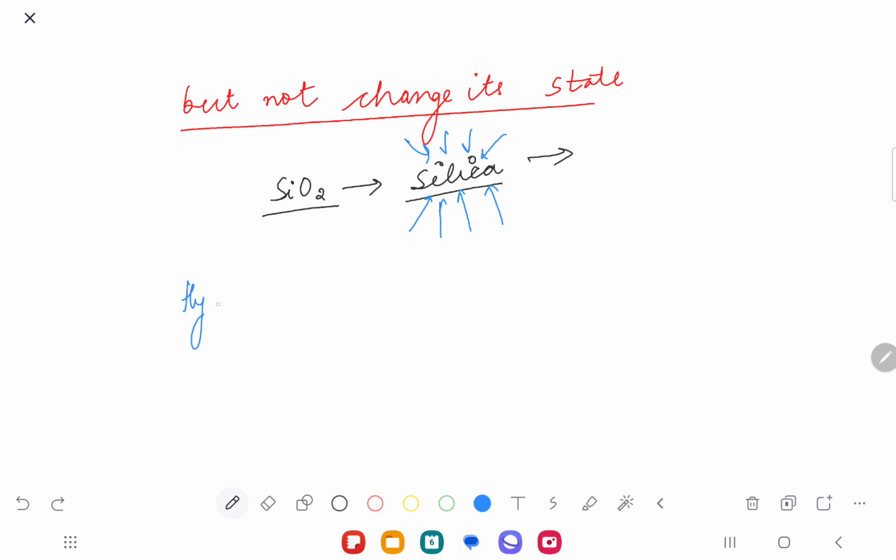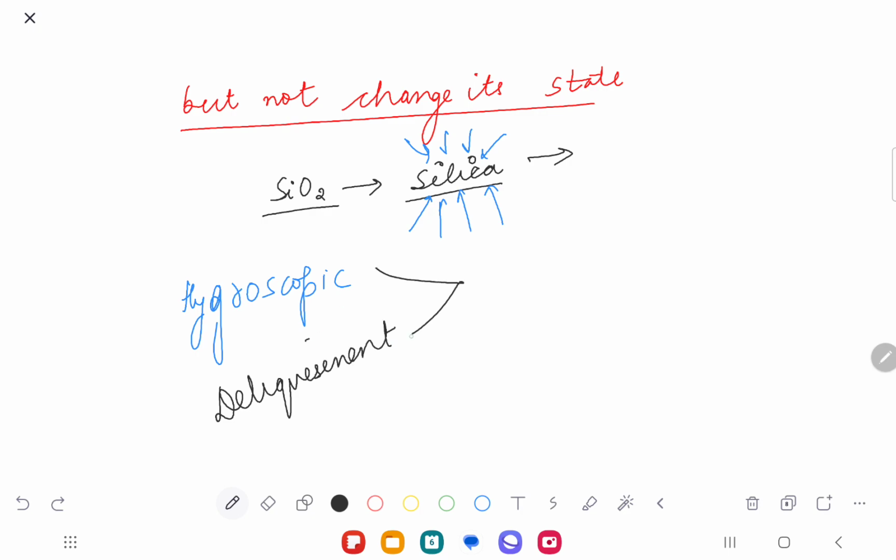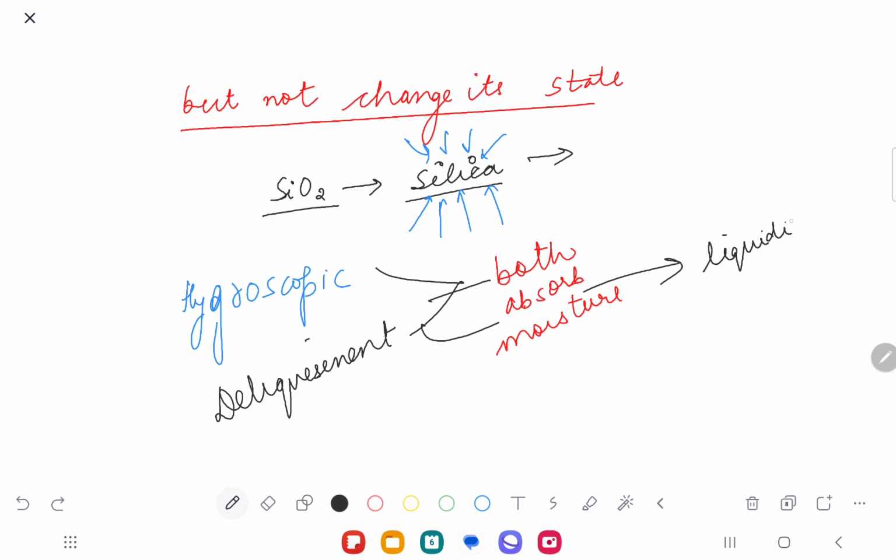So hygroscopic and deliquescent both absorb moisture. That's one thing common in them. But what is the difference? Deliquescent becomes liquid after absorbing moisture.